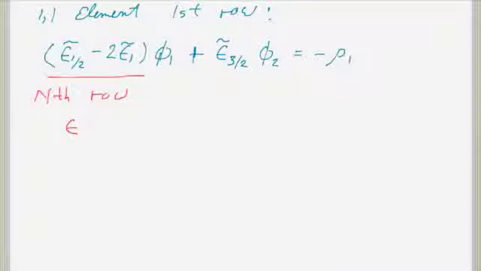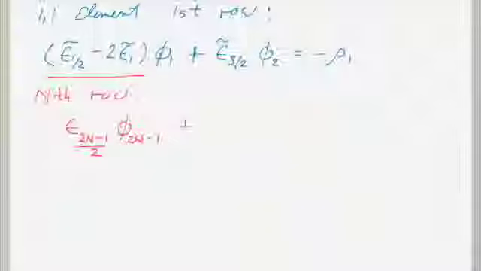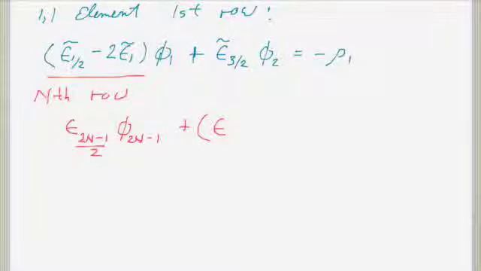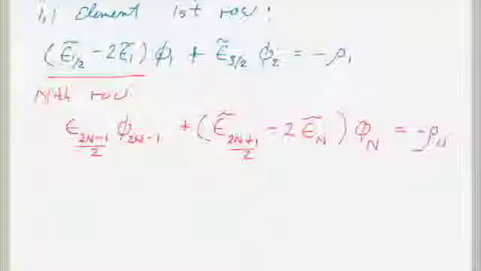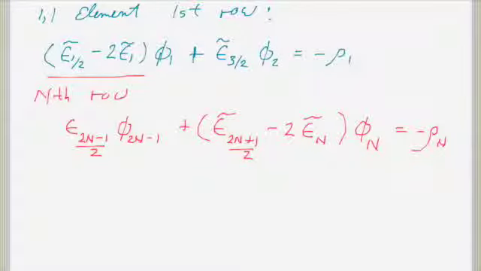Epsilon 2n minus 1 over 2 times phi n minus 1 plus the quantity epsilon 2n plus 1 over 2 minus 2 epsilon n times phi n is equal to negative rho n. And again, the only thing that got modified is right here, the lower corner element.